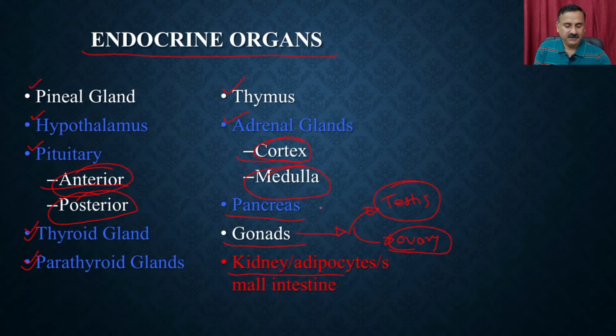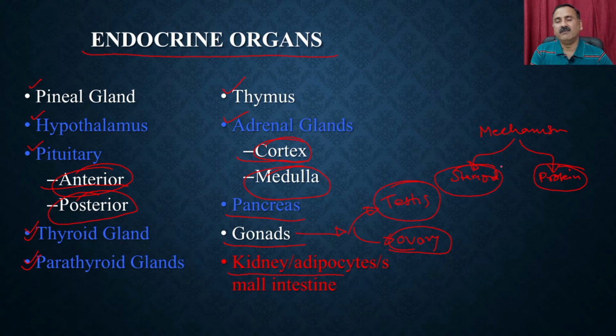So let's first discuss the mechanism. If you talk about the mechanism of hormone action, it falls under two categories. One is the steroid hormones, and the other is the protein hormones. So you have two different broader categories of hormones, and their mechanisms are very different.